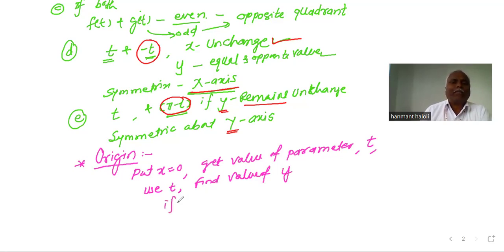If y also gets 0 when x is 0, then y also got 0, means given curve is passing through origin.